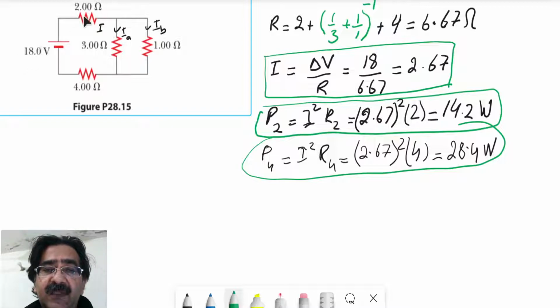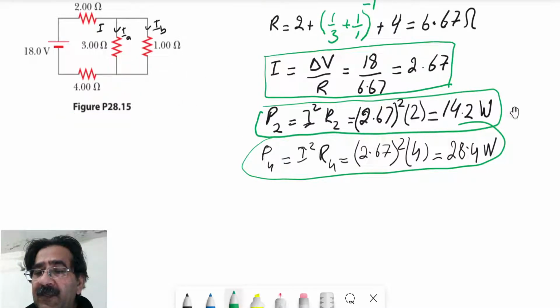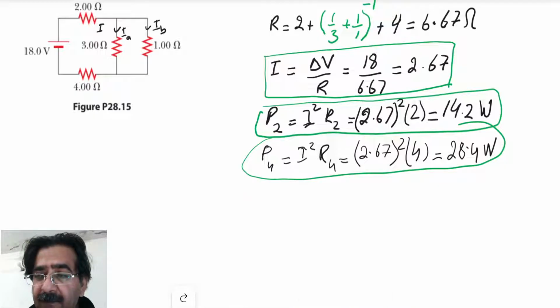After subtracting the voltage drop here and here from the battery voltage, we will get the voltage across resistances 3 and 1. So firstly, we have to calculate the voltage drop at V2.